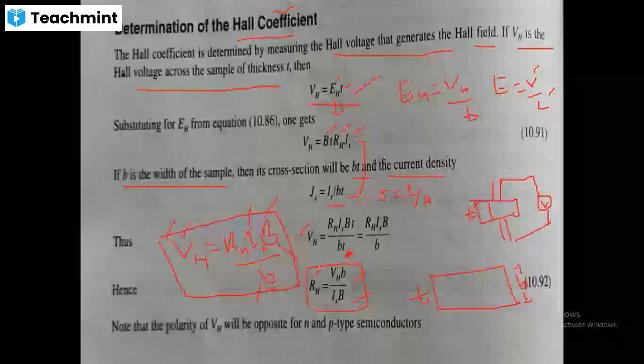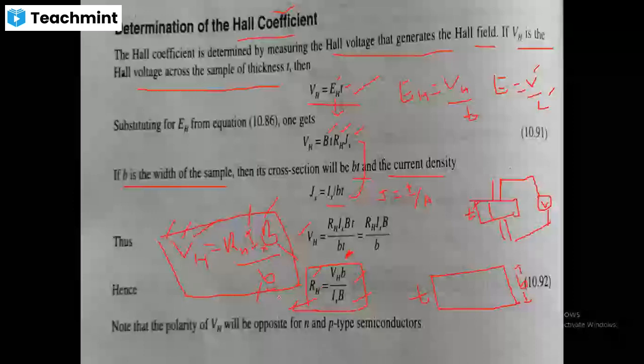So this is how one can obtain an expression for the Hall voltage, and an expression for the Hall coefficient. So this is one expression for RH, and we have also discussed in the previous case one more expression: RH equals 1 divided by ne. These are the two expressions for Hall coefficient.